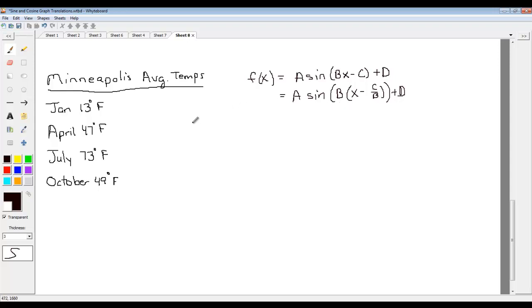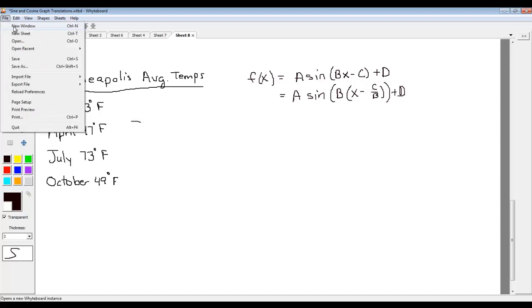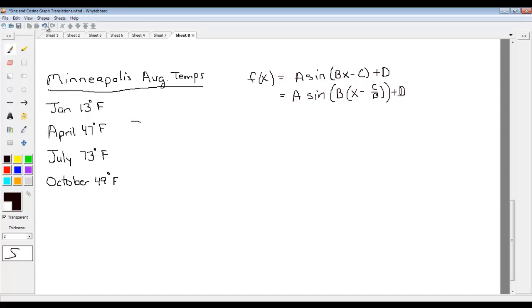The reason I say sine function is because average temperatures are cyclic. If it's an average of 13 degrees Fahrenheit in January this year, it's probably going to be close to that next year as well. So it's going to have this repetitive nature. If we can use sine, it's going to be cyclic.